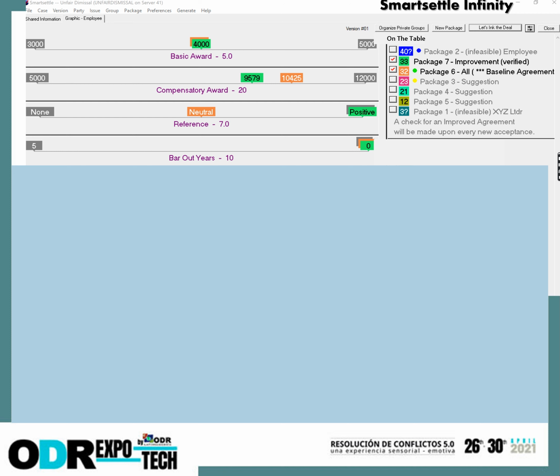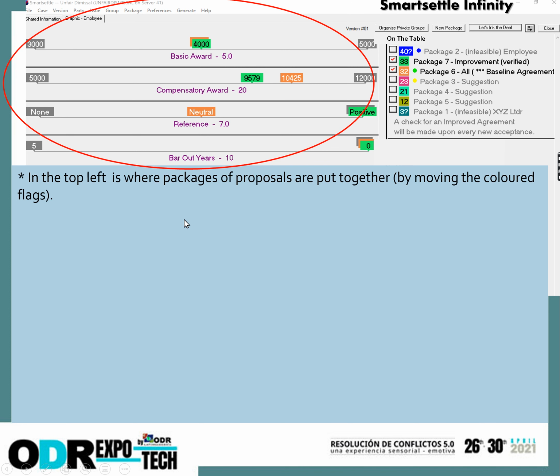The example I'm showing here is an employment dismissal dispute, and there's a negotiation to settle the basic award, which is a more or less fixed one, a compensatory award, and also perhaps the giving of a reference, whether it's a positive reference or a neutral one or none at all, and whether in the employment contract, where there is a bar on working in the same industry for 5 years, whether that can be torn up and not be required.